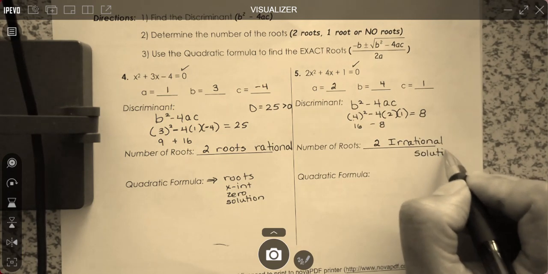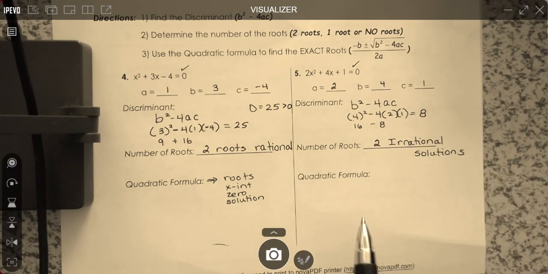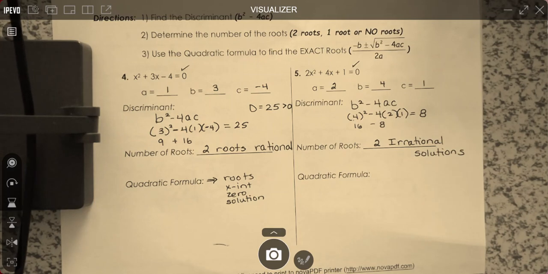Hold on. It depends on whether the number is positive, greater than 0. You get 2. Equal to 0, you get how many? 1. And if it's less than 0? No roots, correct. Okay, so Jaden, if the discriminant is greater than 0, you get how many roots? 2.